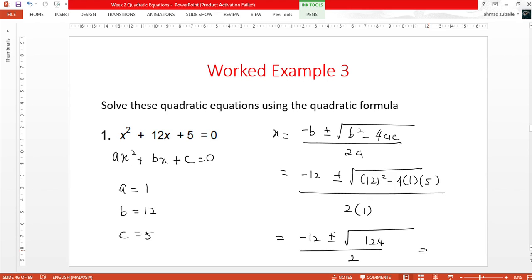Maybe there will be an answer for this square root of 124, or maybe you can leave your answer as this. But if you press your calculator again, you will have 2 square root of 31 over 2 with plus and minus. Okay, 31 over here. So you can leave your answer with the decimal number, or you can leave your answer with the exact form of your surd. All right.